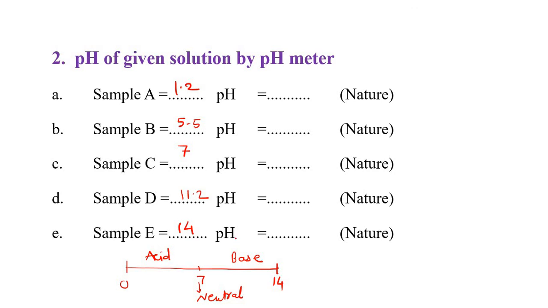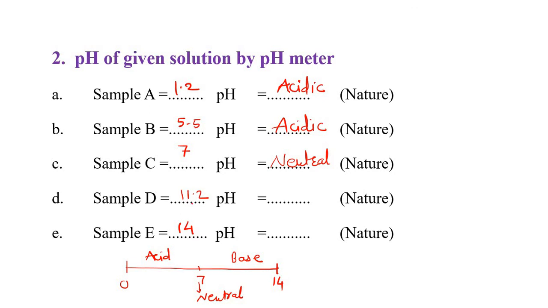With the help of this, what is the pH of sample A? It is acidic in nature. For sample B it is acidic. For sample C it is pH 7. So what is the nature of sample C? It is neutral.